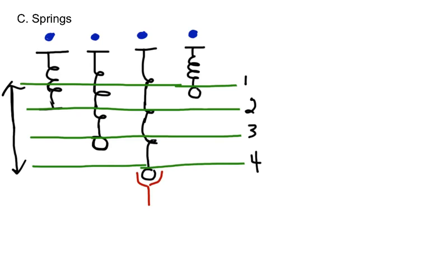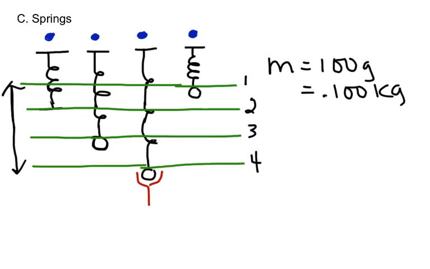So let me give you some givens. Here's what we know. Let's say the mass of the hanging mass on the spring is 100 grams. We will convert that to kilograms, so 0.100 kilograms. We know the acceleration due to gravity. Let's say when we hung the mass on the spring it stretched 2 centimeters.